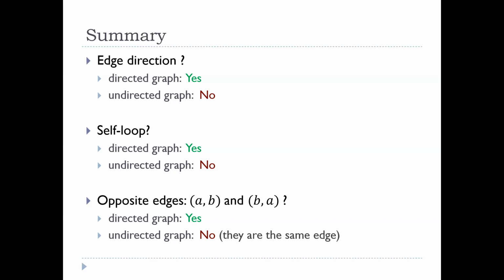This is just a convention, it's not essential. Because a directed graph has ordered pairs, there can be opposite edges: (A, B) is not the same as (B, A), while in an undirected graph, (A, B) is the same as (B, A). So there can only be at most 1 edge between a pair of nodes A, B.